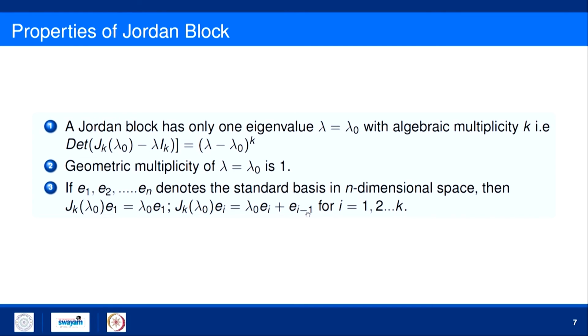Furthermore, J_k(lambda 0) operating on any Ei gives lambda 0 Ei plus E(i minus 1). So, what I want to say from these properties is this: let us take the matrix we took earlier, 2 1 0 2.